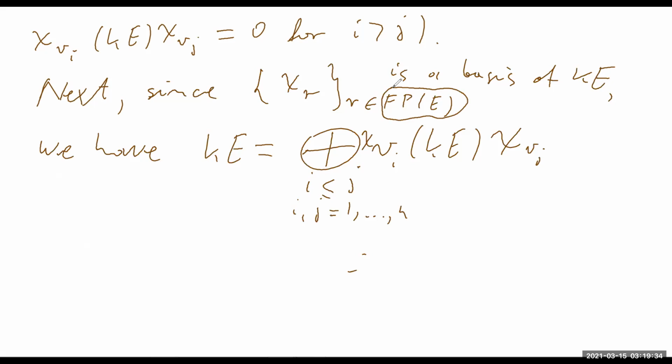This way I write the set of finite paths as the disjoint union of such n squared subsets. And here I know that some of them are empty. That's why I exclude i bigger than j. And I take the linear span, right? So I take the linear span given by paths that start at vi and end at vj.